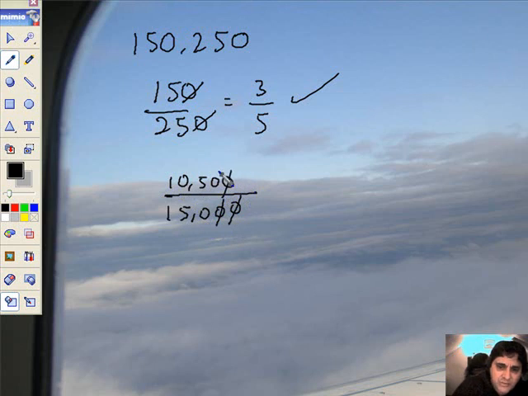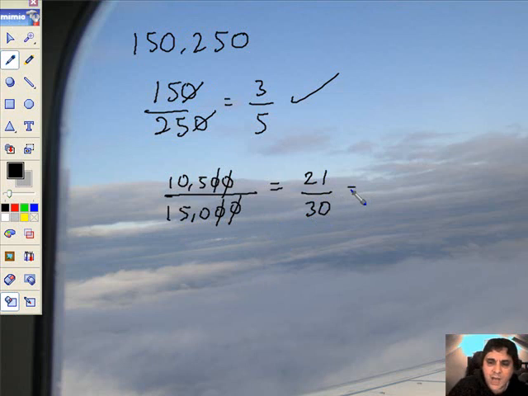Divide top and bottom by 100 by destroying 2 zeros. 5 goes into 105, doesn't it? Sure it does. 5 goes into 100 20 times, plus 1 for the extra, 21. 5 goes into 150, that's going to be 30. So I've got 21 over 30 so far.